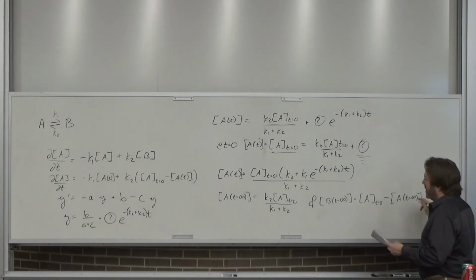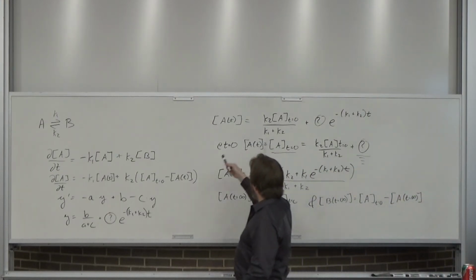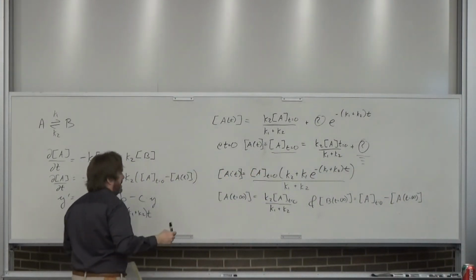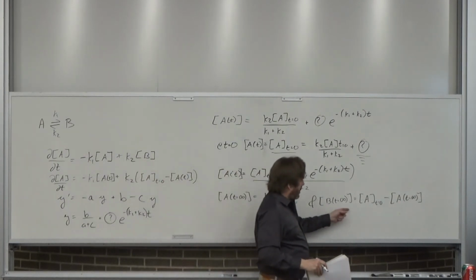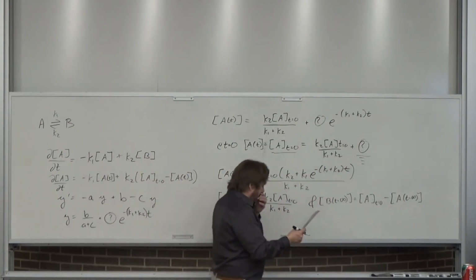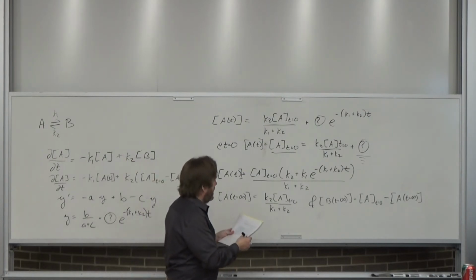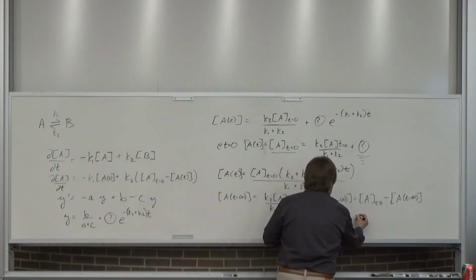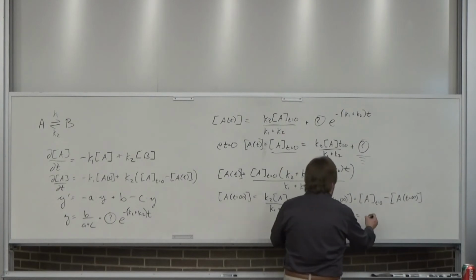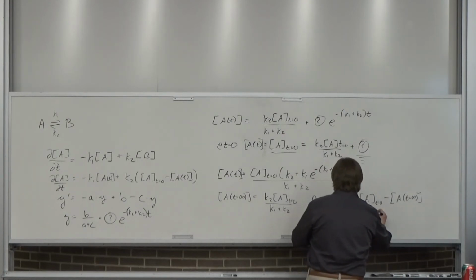Right, again, so here's another little math trick. Instead of going through all of this over again to solve for B, I can just solve for it this way at time infinity. And then what you can do is it ends up being equal to what? K1 A at t equals 0 over K1 plus K2.